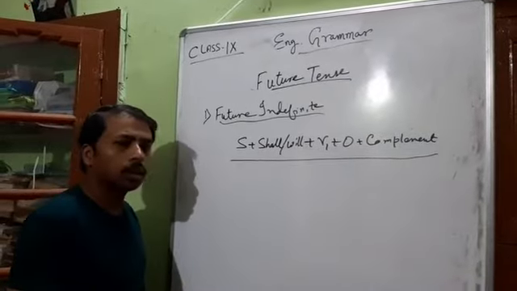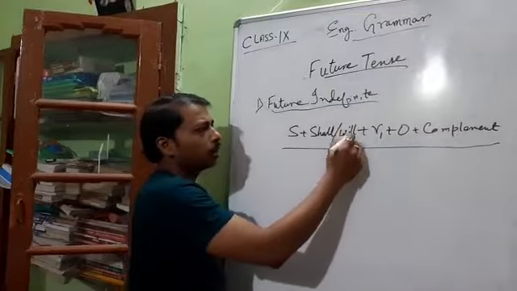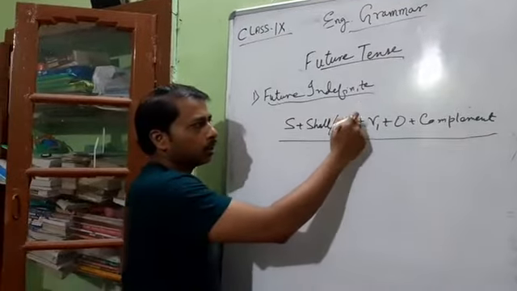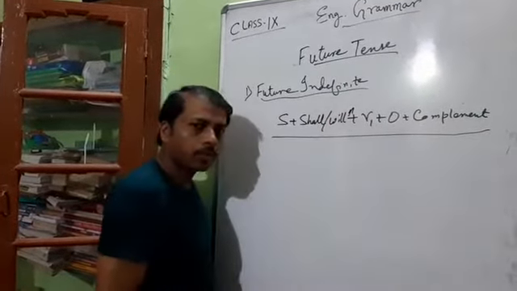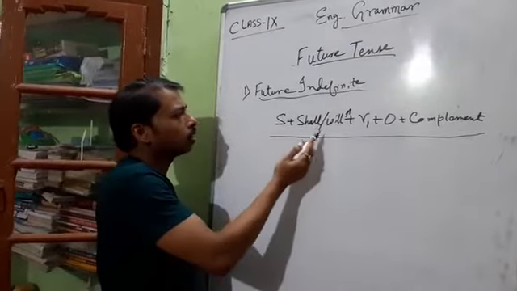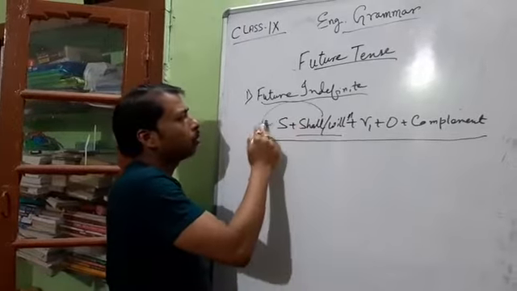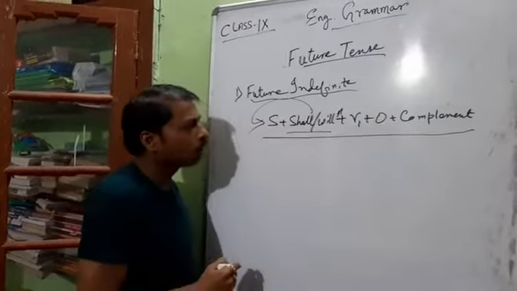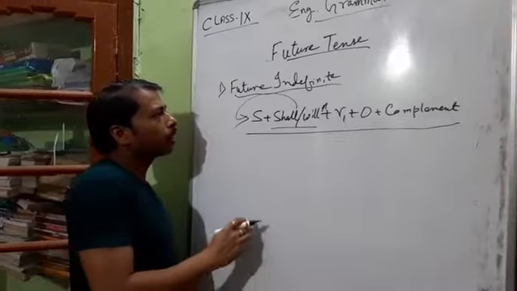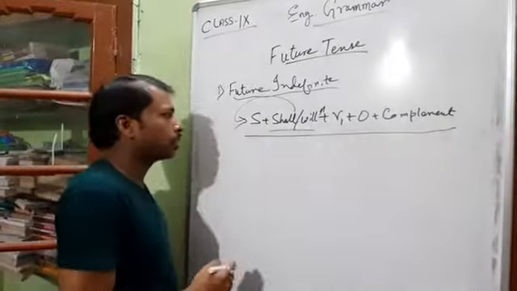If it becomes negative sentence, then a not comes after shall and will in this place. If it is interrogative sentence, then the helping verb comes before the subject. So let's try to understand it through some instances.